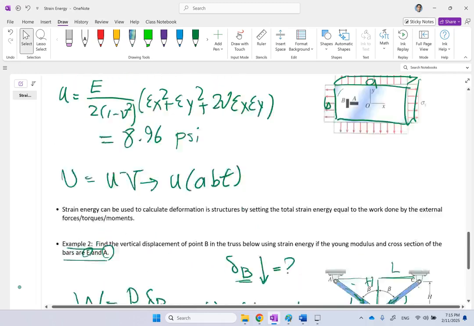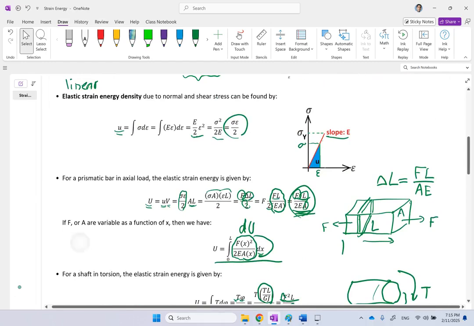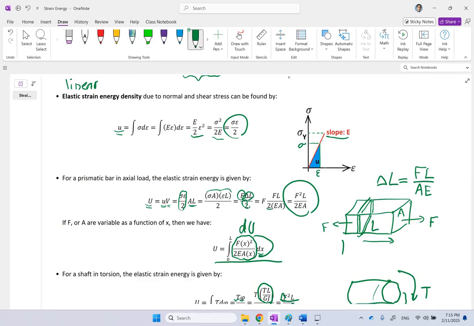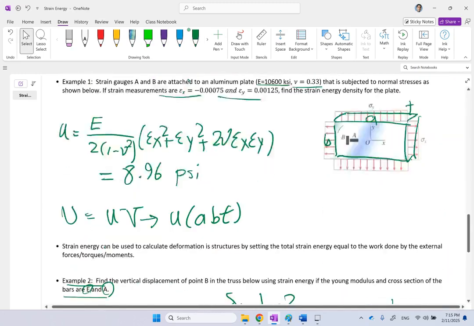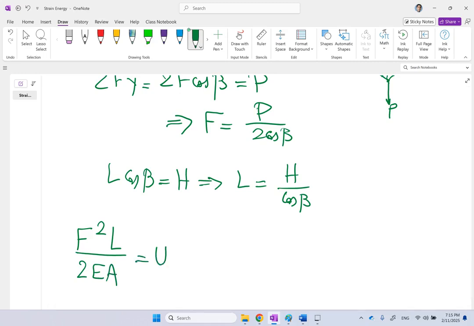And if you remember, how much is the energy stored in a prismatic bar as a result of axial load? This is the formula here, F squared L over 2EA. So in each one of them, we have to calculate the term F squared L over 2EA. This is the same as U1, this is the same as U2.